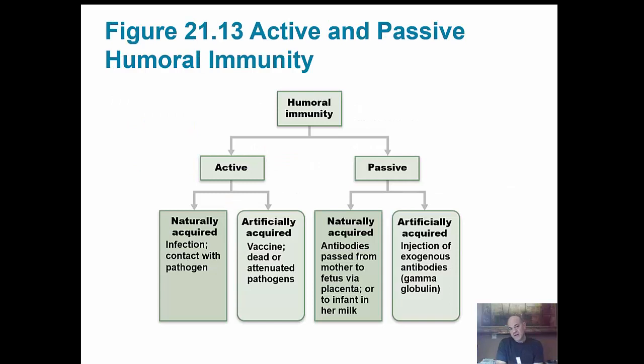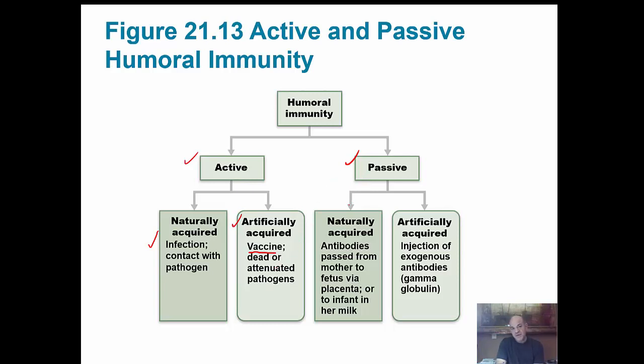And this chart here just summarizes your humoral immunity. You have active on the left and passive on the right. For active, you have natural and artificial. In naturally acquired, this is a case when you actually get an infection by a bacteria or virus. In artificially acquired, this is when you get the vaccine with an attenuated pathogen.